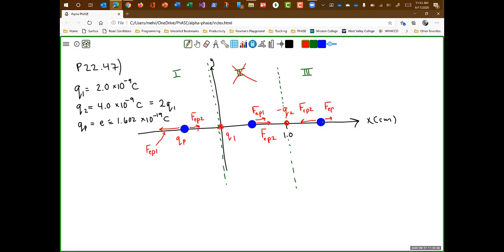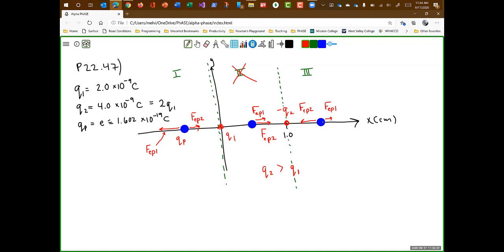Now here's the thing. Conceptually, I know that region 3 should be impossible as well for the proton to be in equilibrium. Conceptually, I should know that. The reason why I know that conceptually is charge 2 has a magnitude greater than charge 1.